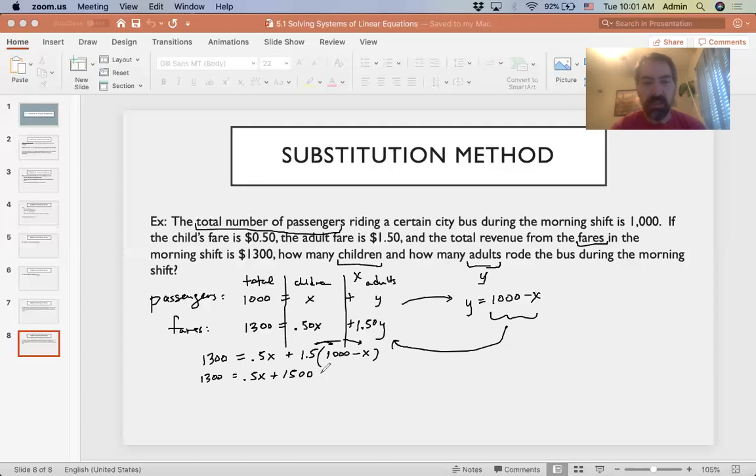And 1.5 times negative X is negative 1.5X.